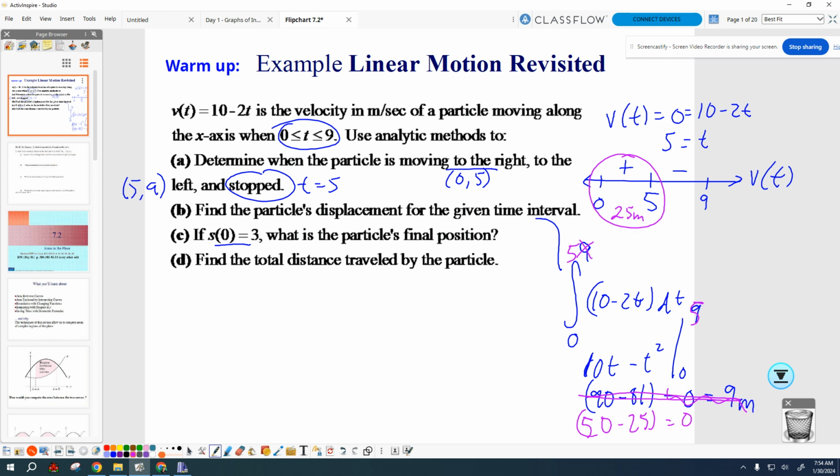And then you said, how do I deal with the negative or the other section? Absolute value. Okay. So I'll integrate from 5 to 9 and I'll change the sign.